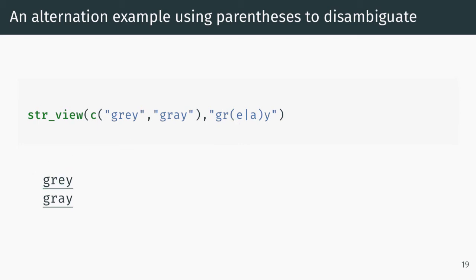Now, if we took away these parentheses, it would match the GRE here, and it would match the AY here, but not the rest of the expressions. So usually if you use the OR bar, you're going to use parentheses to disambiguate.